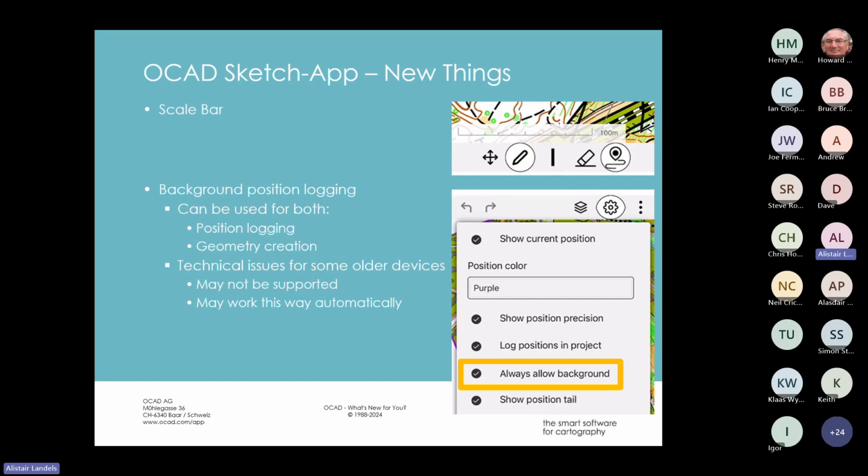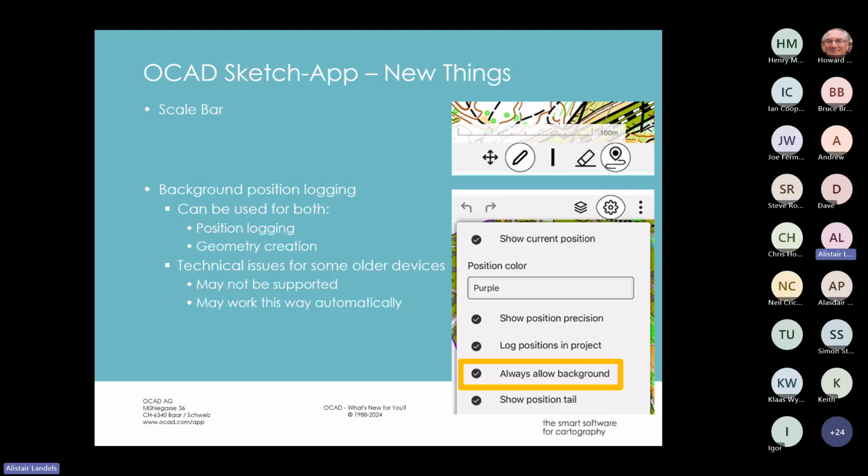So that was added. And then the other thing we added was to allow background logging. To do this, we were required to apply to both Google and Apple for permissions, so there are a few legal loopholes to jump through to get that implemented.